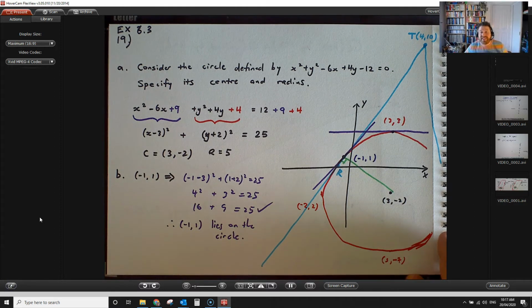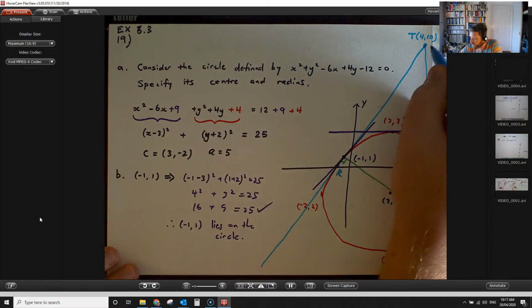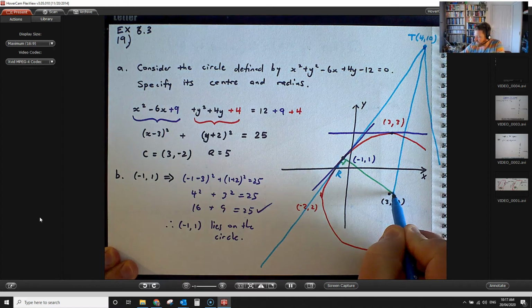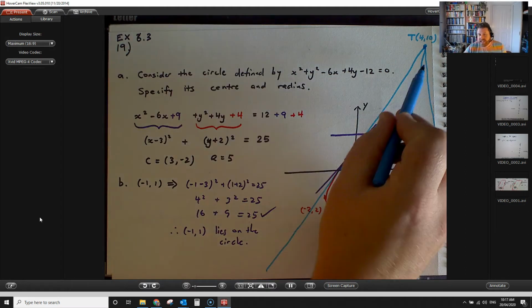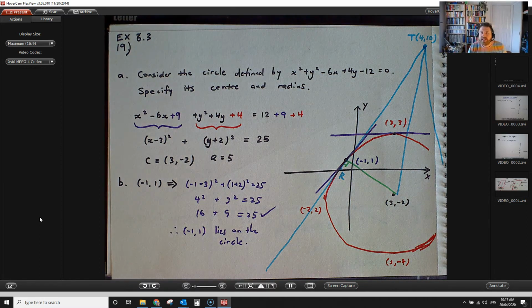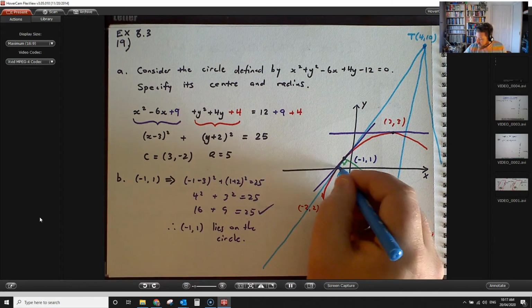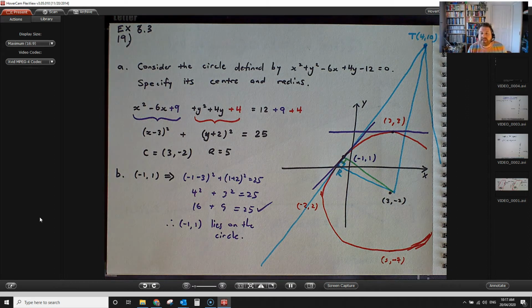However, we can be even cleverer than that, because what we can notice is that if we draw a line from T to the center of the circle, well then we're going to have a radius, a tangent, and a hypotenuse forming a right angle triangle, because the radius and the tangent are always at right angles.